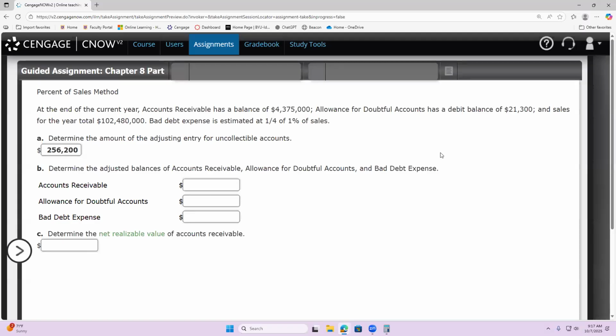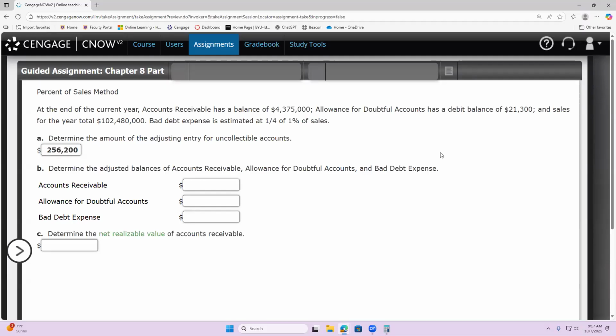If this is our adjusting entry, then the accounts receivable did not get changed by that entry, right? So the balance of accounts receivable, even after the adjustment, is still going to be 4,375,000. Does that make sense? They didn't tell us to, but we had to figure out what the actual adjusting entry would look like, a debit to the bad debt expense and a credit to the allowance for doubtful accounts.